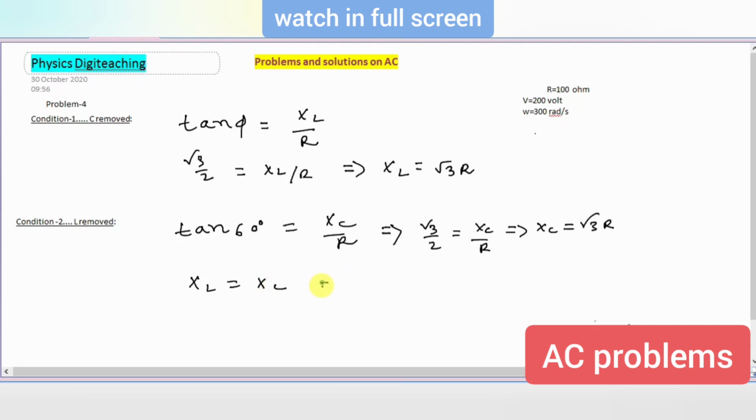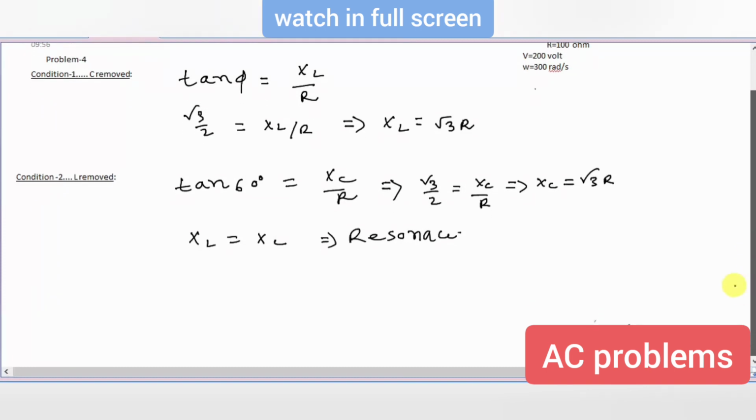This is the condition of resonance. Therefore the series LCR circuit is in resonant condition. In resonant condition we know the circuit is purely resistive. Therefore the total impedance Z equal to R equal to 100 ohm.